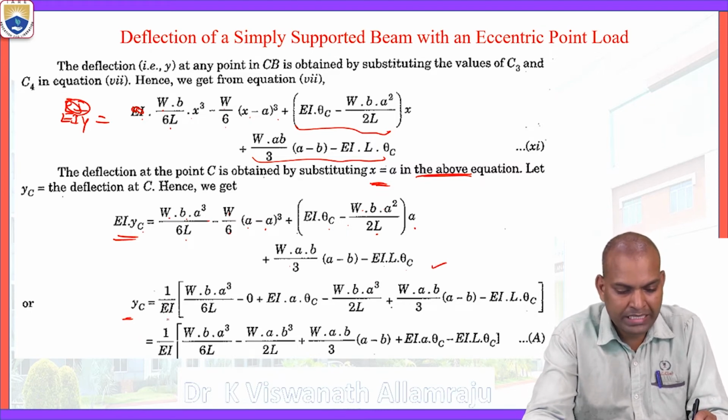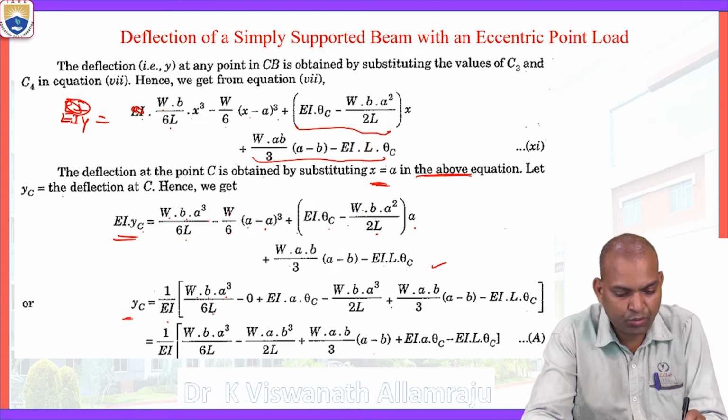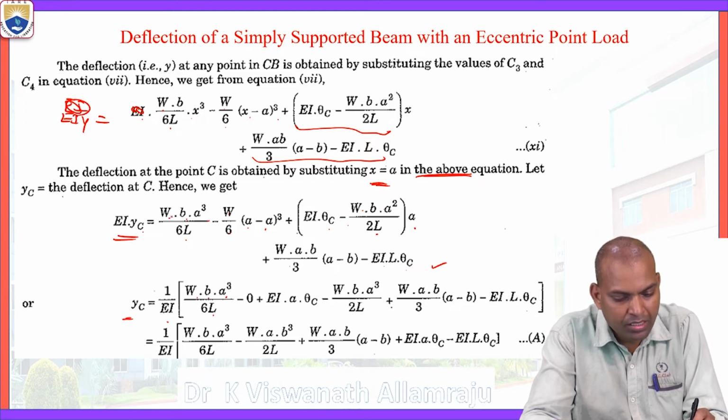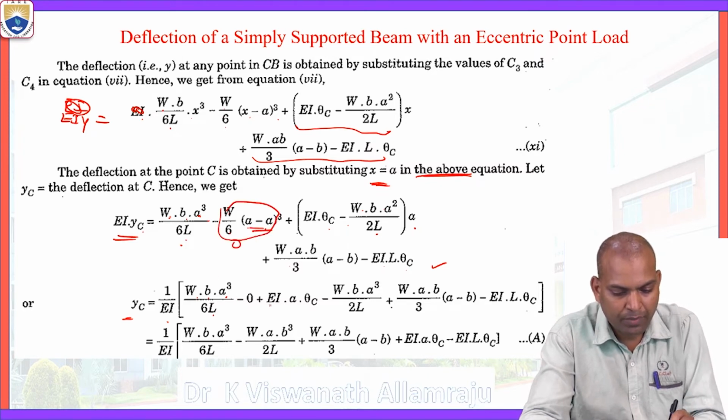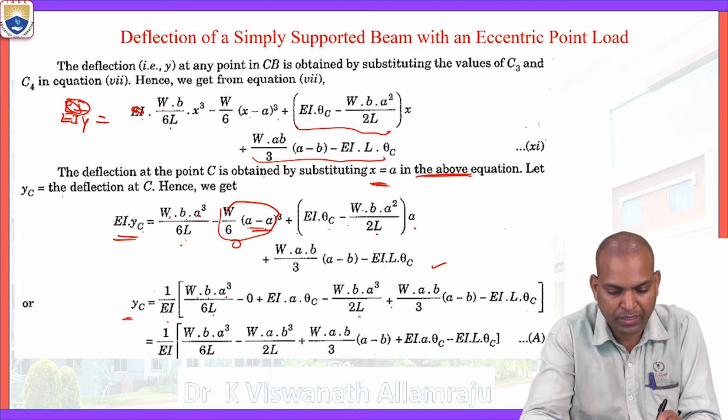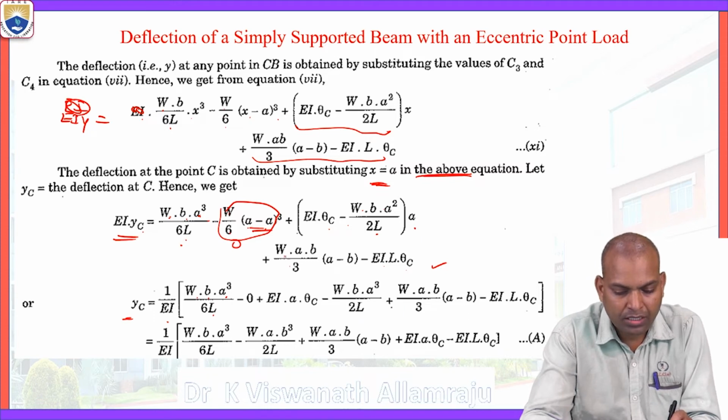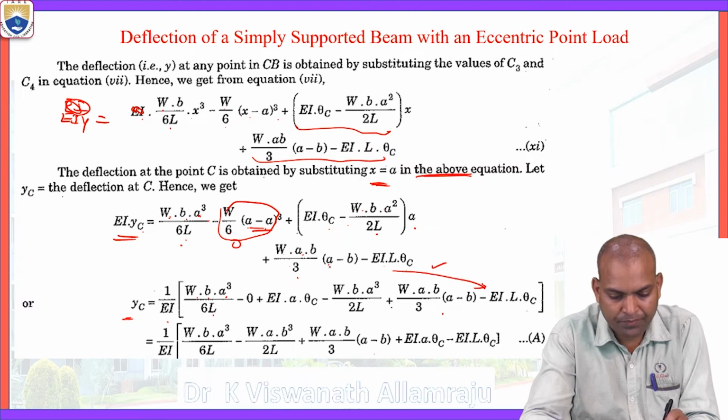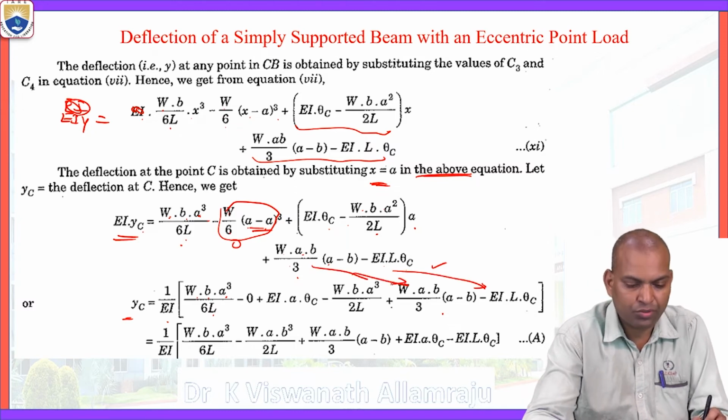Now the YC becomes 1 by EI times WB A cube by 6L, minus (A minus A) cube, this term becomes 0, plus EI times theta C minus WB A square by 2L times A, plus W times AB by 3 times (A minus B). These are the common terms, same as usual.